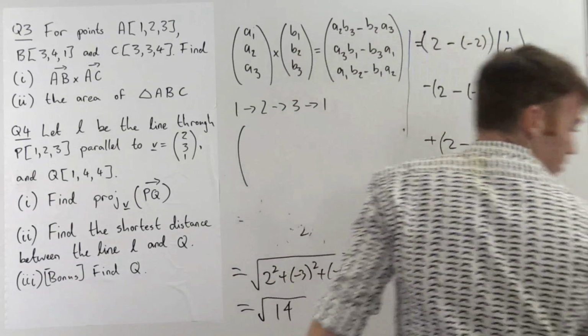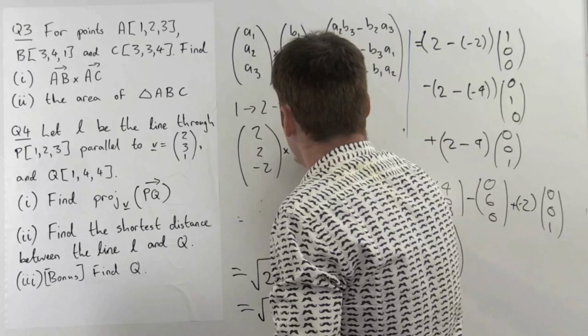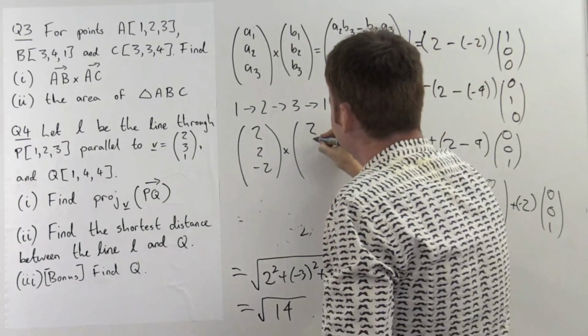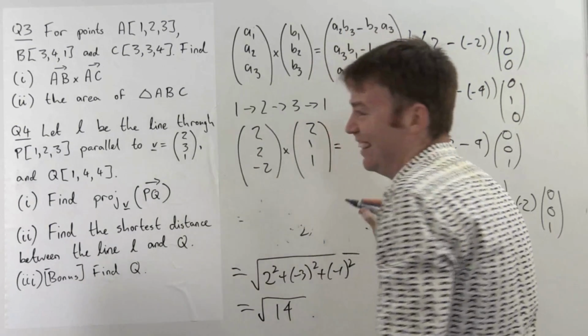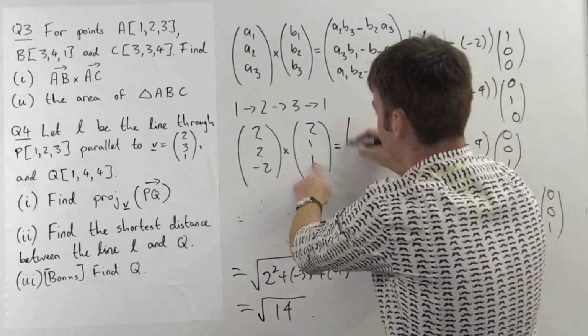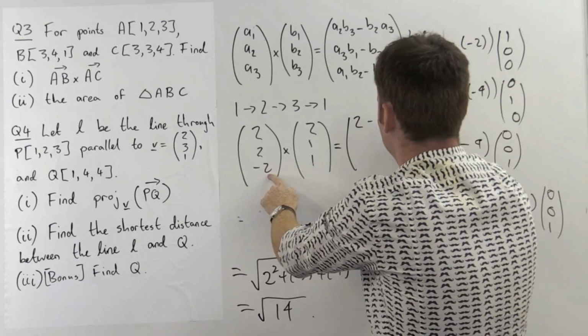So we were given 2, 2, minus 2 cross. Let's see whether I got the answer right. You did. It's too easy to make a mistake in this game. So it's this times this, so 2 minus this times this, minus 2.